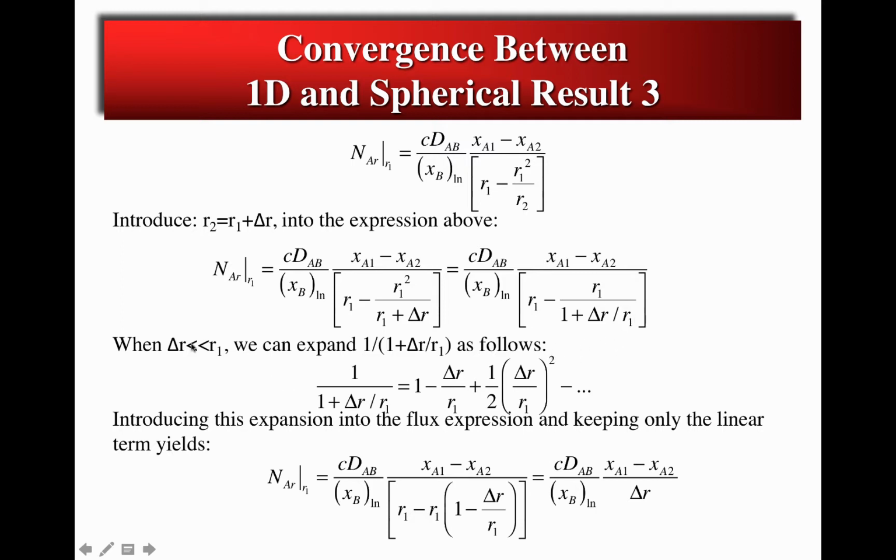Then if delta R, the gas layer thickness, is much less than the particle radius, we can expand 1 over 1 plus delta R over R1 in a Taylor series expansion as shown here. If we keep only the linear term for the time being, then we can rewrite this expression as shown here, and it simplifies to the result shown on the right-hand side of this slide.